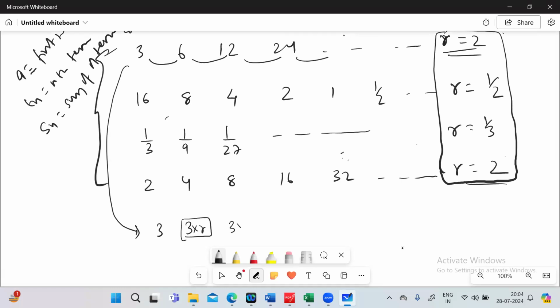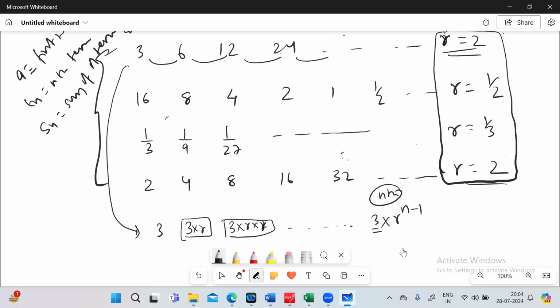The next term I am getting by multiplying 2 times R, which is R square. And so on. If I want to get the nth term, I'll multiply R n minus 1 times to the first term.